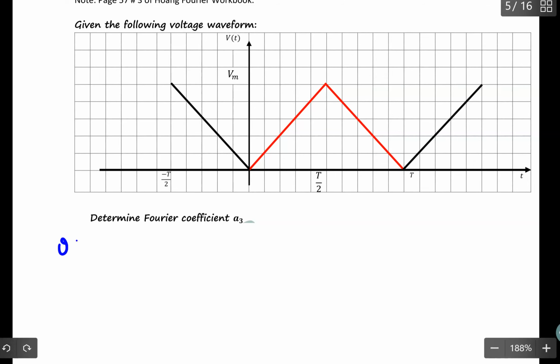So we have V(t) equal to 2Vmax divided by T times t, for t within the period of 0 to T over 2.